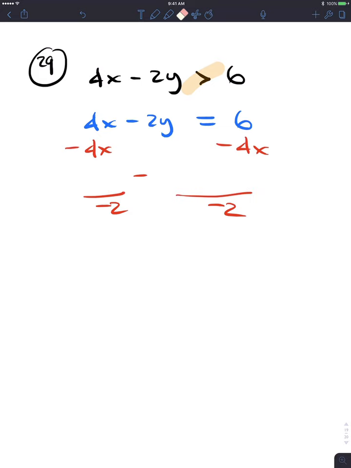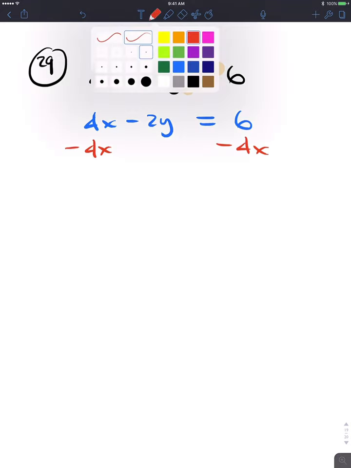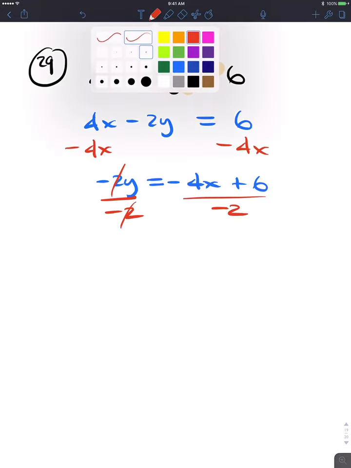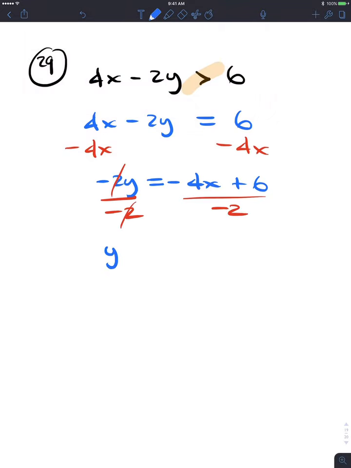Sorry, let's do this over. -2y is -4x plus my 6. We're now going to divide both sides by -2. Y equals -4x over -2 plus 6 over -2. Y equals positive 2x minus 3.